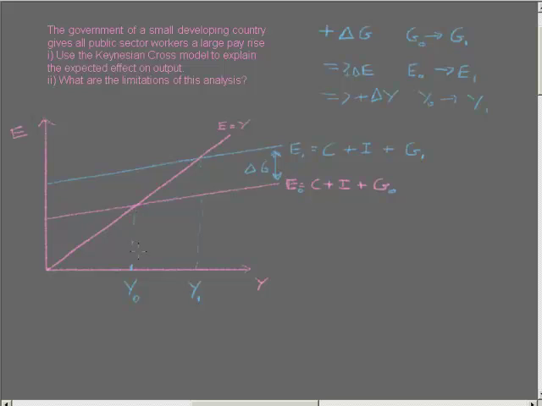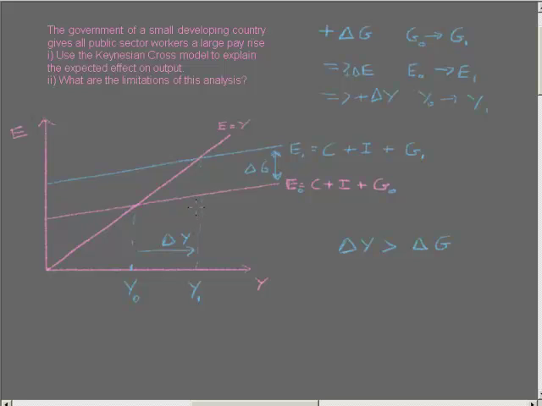But this increase in Y would actually be bigger than the increase in G. So the increase in government spending, this distance we've shifted up spending, leads to a bigger increase in output.